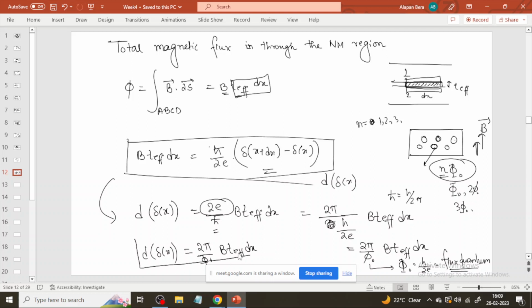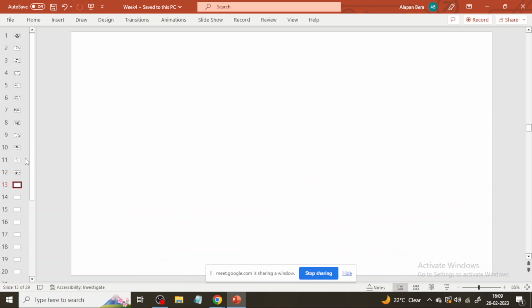So now we have this equation in our hand, and now we will proceed with this equation to finally see how the current through the Josephson junction gets modified in the presence of a magnetic field. Okay.